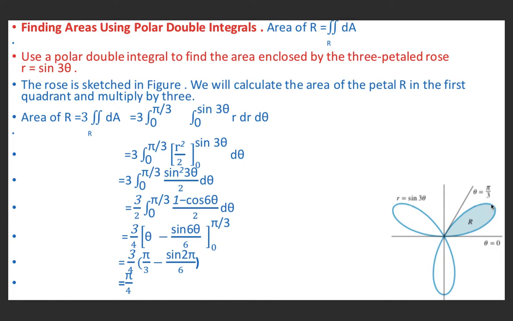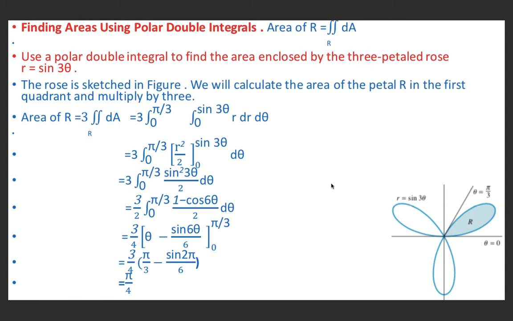And if we imagine rotating this radial line about the origin, sweeping out the region R, then it will intersect the least angle at theta equal to 0 and the greatest angle theta equal to pi by 3. So theta limits of integration are 0 to pi by 3.